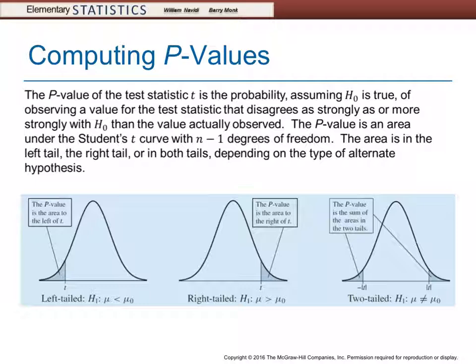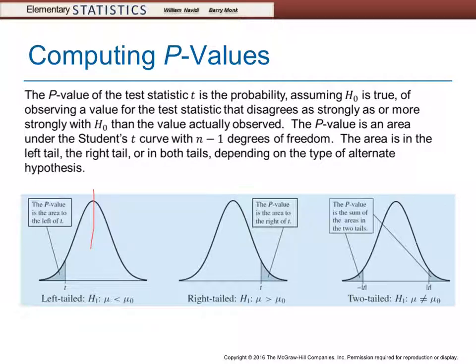The p-value of the test statistic t is the probability, assuming H0 is true, of observing a value for the test statistic that disagrees as strongly or more strongly with H0 than the value actually observed. The p-value is an area under the student t-curve with n minus 1 degrees of freedom. The area is in the left tail, the right tail, or in both tails depending upon the type of alternative hypothesis.